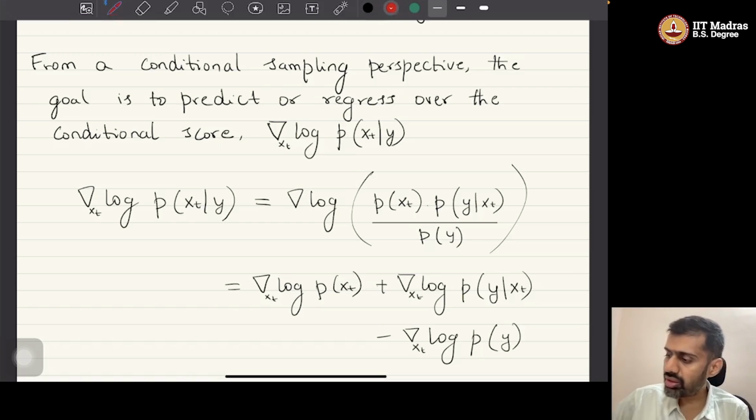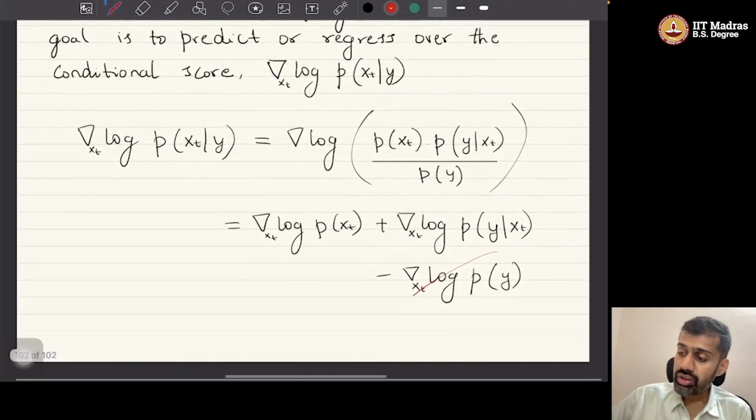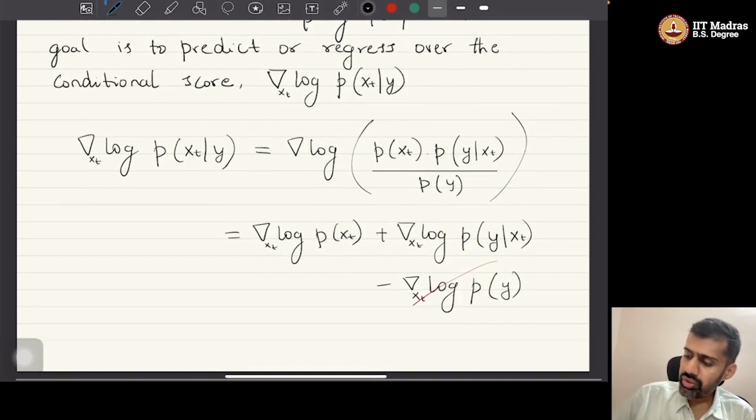Now this term goes away, this is 0, right? There is no dependence on xt in this term. Great. So now what did we do? We just wrote down the conditional score that we want to estimate.